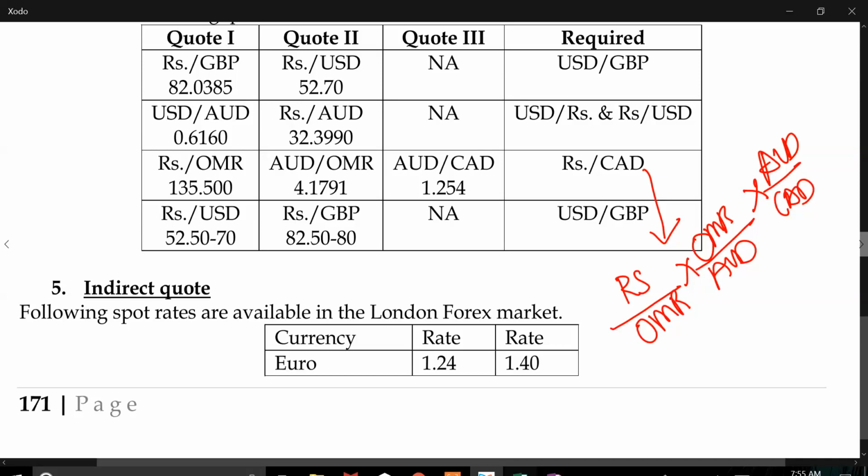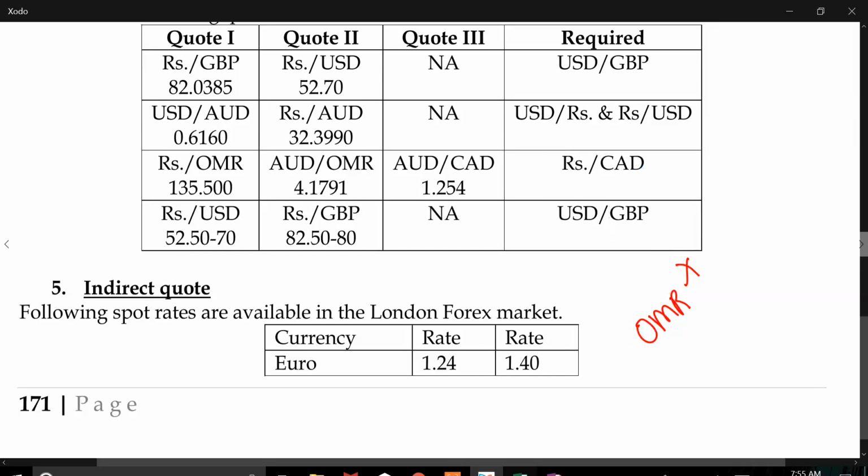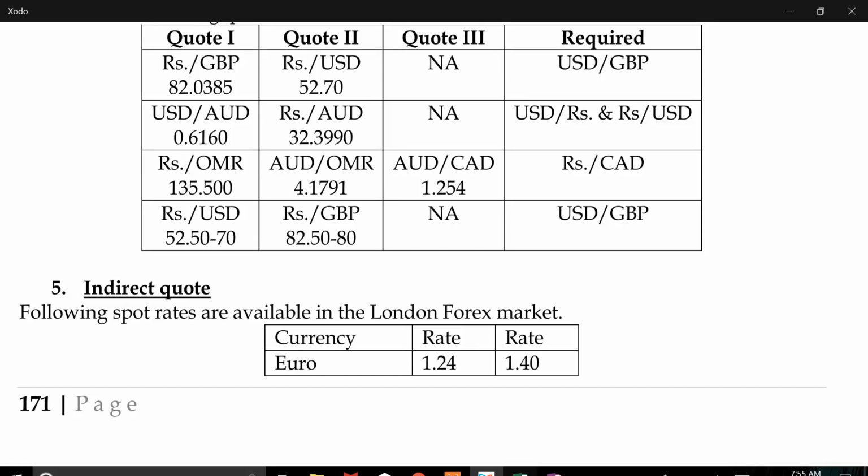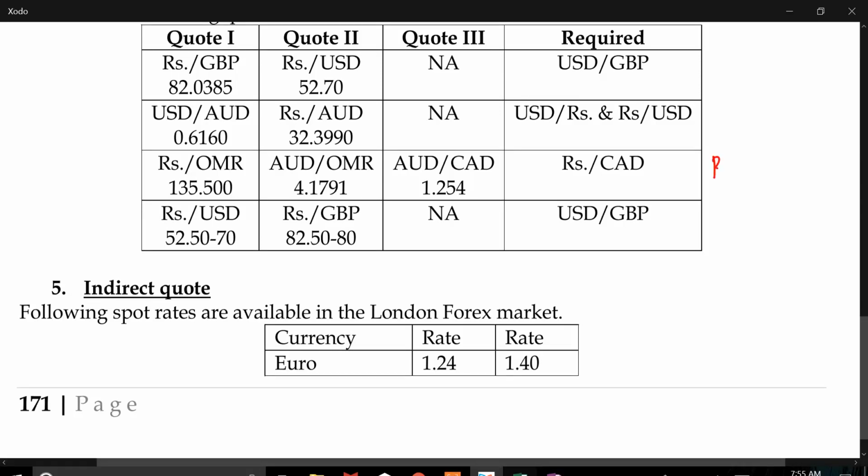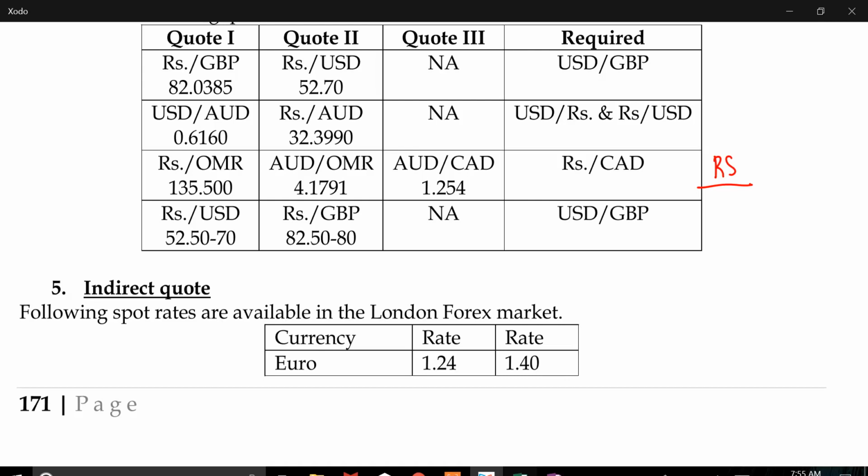Now I'll tell you, if some of you found it difficult, how you normally start. You need not find the connecting currency or worry about all of that. The given quote is rupee per CAD. So your starting point is rupee. Go to the quotes given with rupee; which other currency is there?